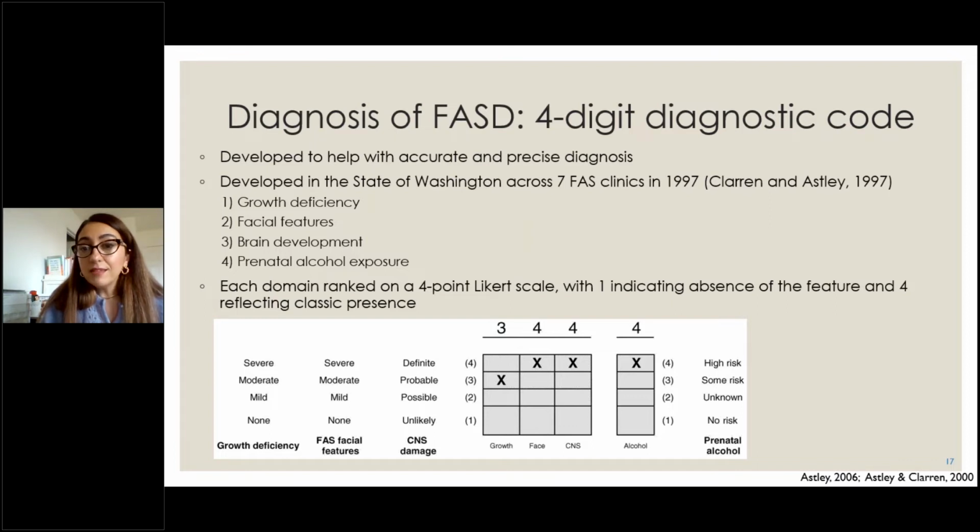This is done through a multidisciplinary team where the physicians and pediatricians look at the growth deficiencies, then they do measurements of the height, the weight, the head circumference, and then they come up with a rating. As you can see, the higher the rating, the higher the risk, and the lower the rating, the less risk or no risk.